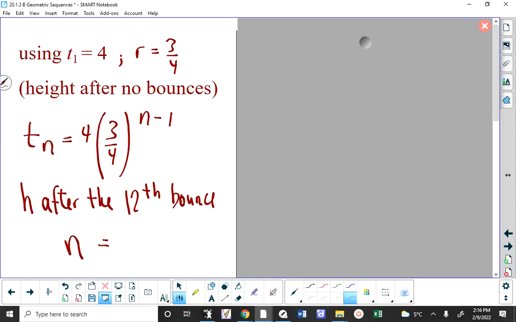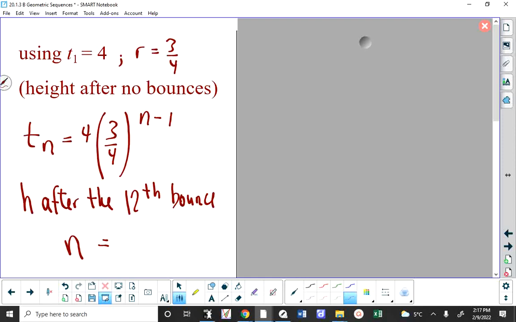And this isn't a complicated mathematical question, but it's slippery. I'm not going to use 12. 12 will not give me the height after the 12th bounce. How many of you are fairly confident you know the value of n that you're going to have to use to find the height after the 12th bounce?